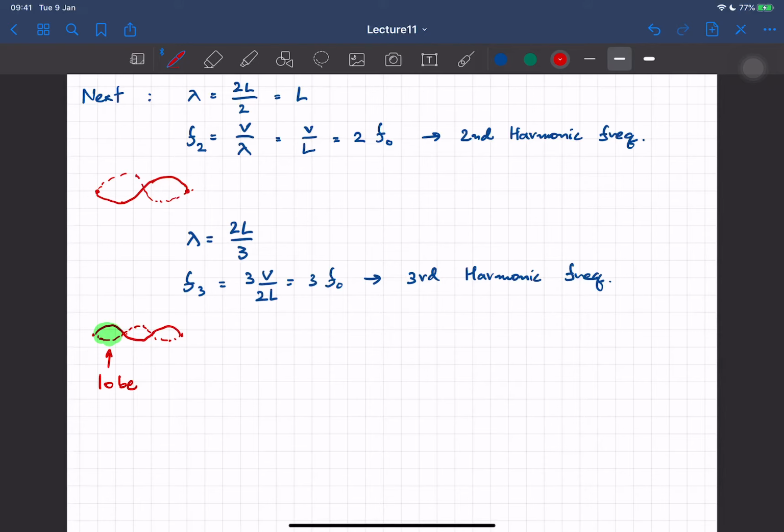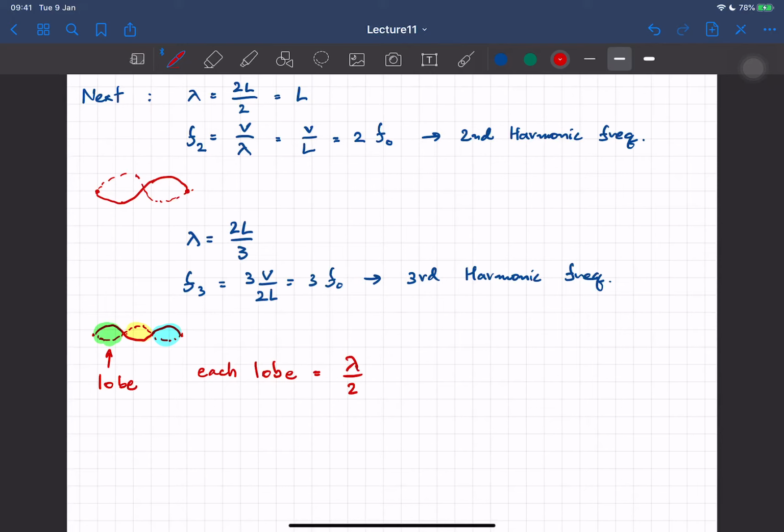It's like one chunk, one loop of the wave. So in this case we have 3 of them: 1 here, 2 here, and 3 here. So there are 3 lobes. So the rule here is that each lobe is going to be lambda over 2.